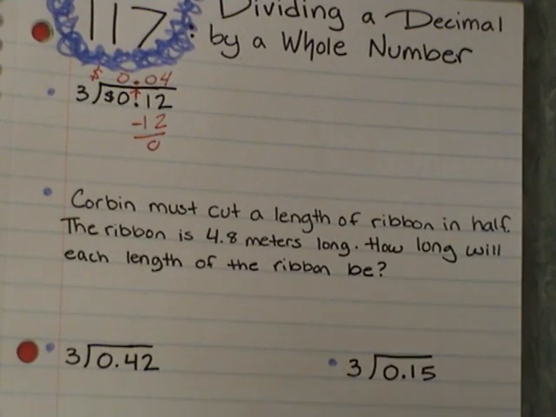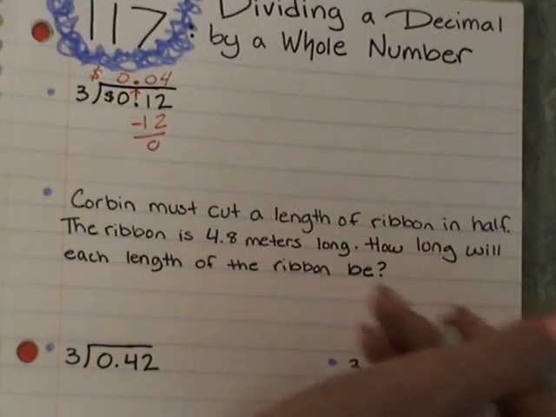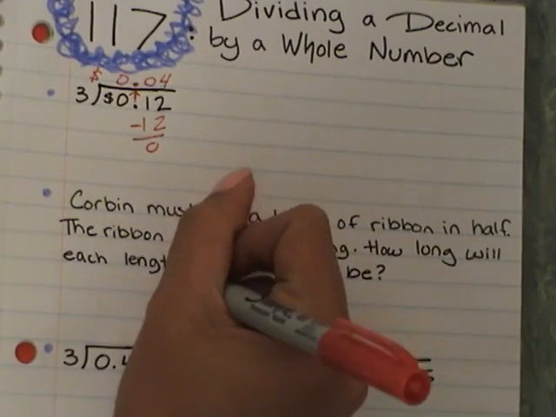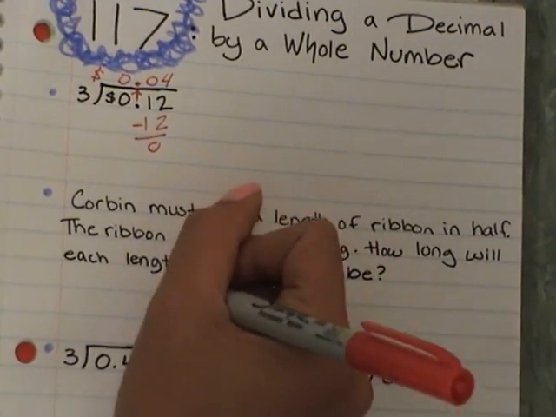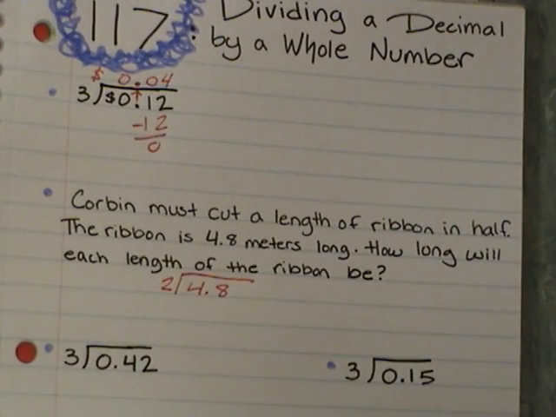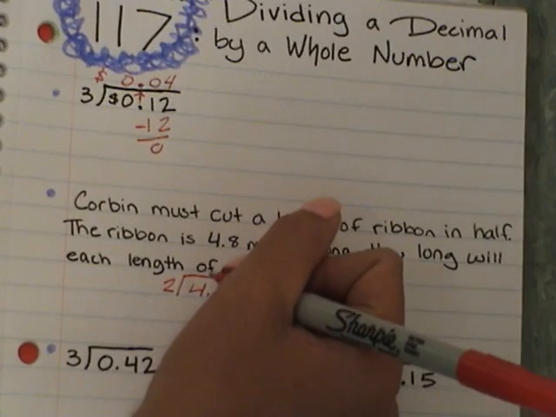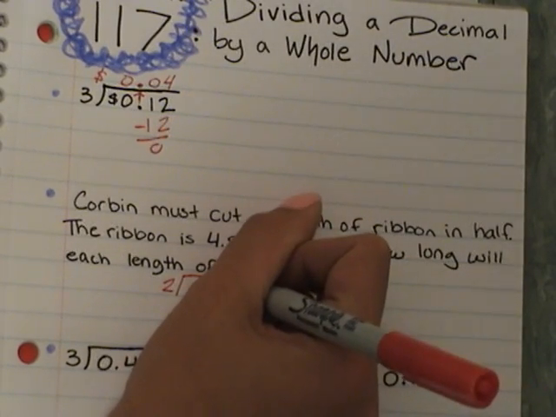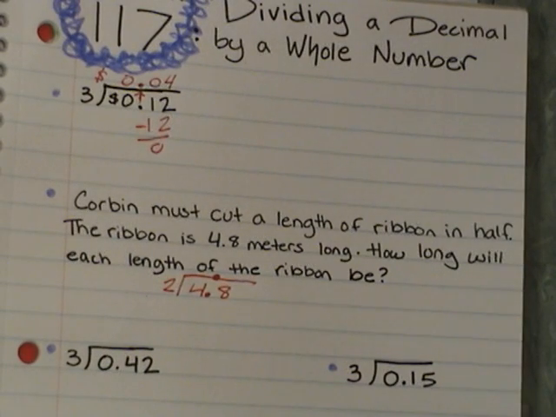I'm going to go ahead and write this problem: 4 8/10, and I'm dividing by 2 because I'm cutting it in half. I'm not going to have a lot of space to write my answer, sorry. Here's my decimal point, I'm going to raise it up. So I have my decimal point in my answer already.